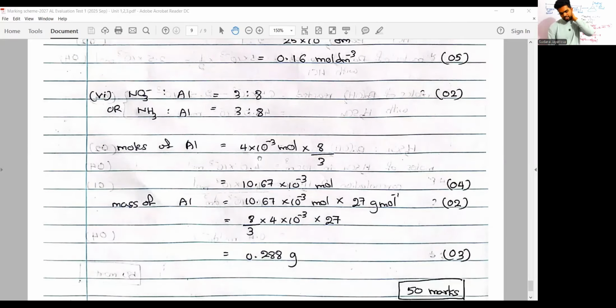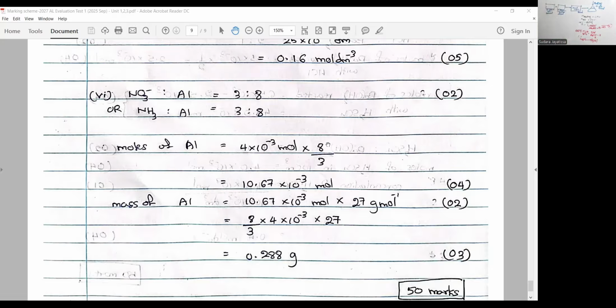Now, like I'm showing here, you can find the aluminium to nitrate molar ratio is 8:3. So if you have 3 moles of nitrate, you have 8 moles of aluminium. That's what they are telling you. So if you have 4 into 10 to the power minus 3 moles of nitrate, then you divide by its own stoichiometry and multiply by the required stoichiometry. Remember that.